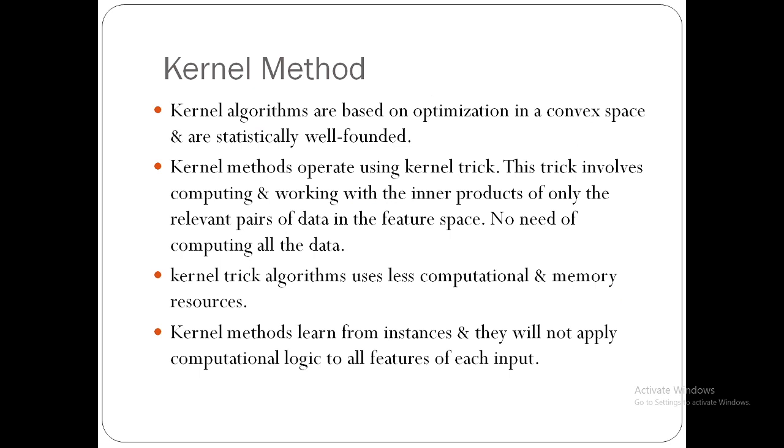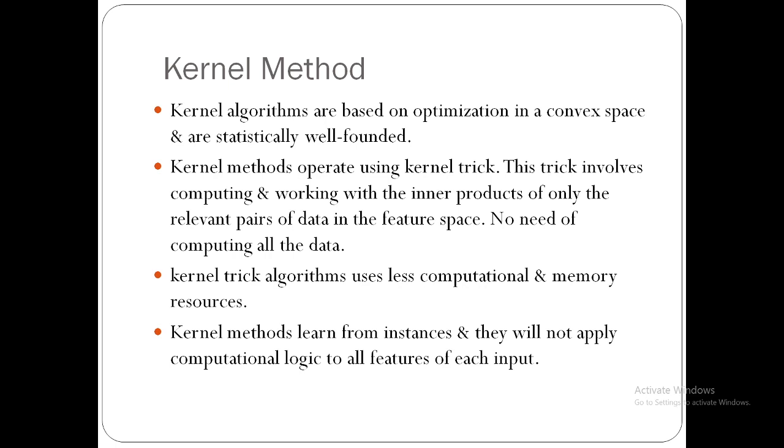So it is going to work on the small relevant pair of data in the feature space. No need of computing all the data. The kernel trick algorithm uses fewer computational and memory resources. Kernel methods achieve this by learning from instances.